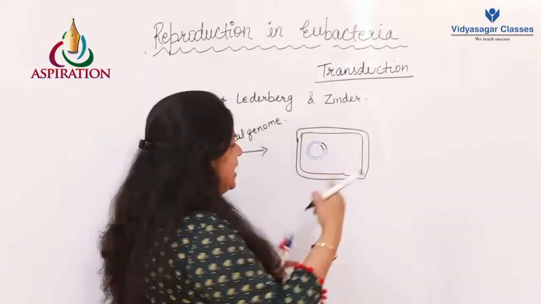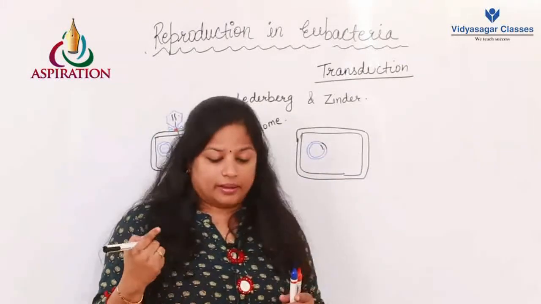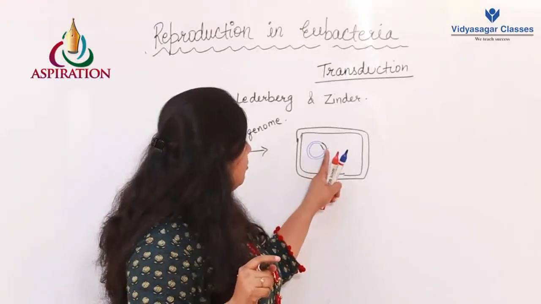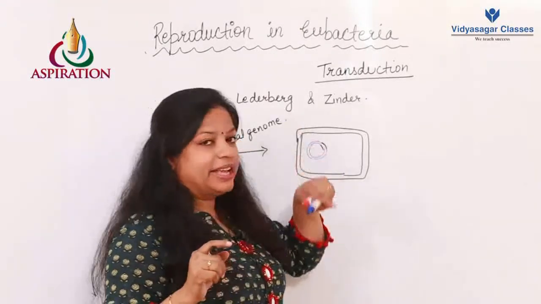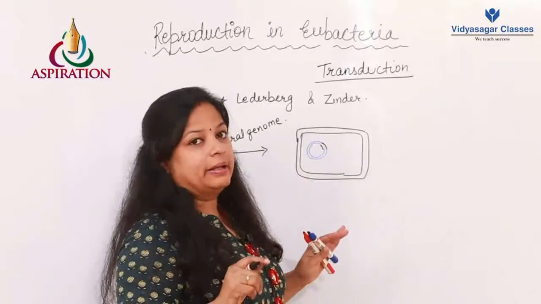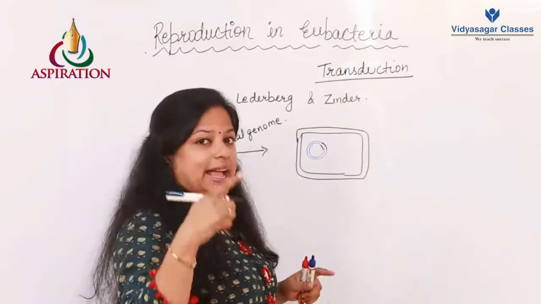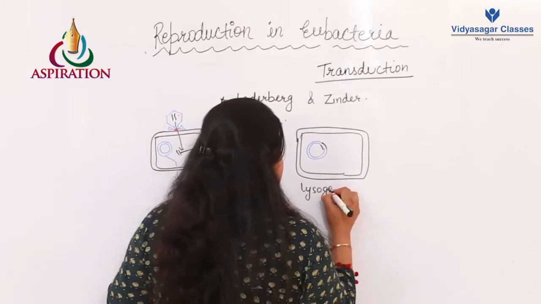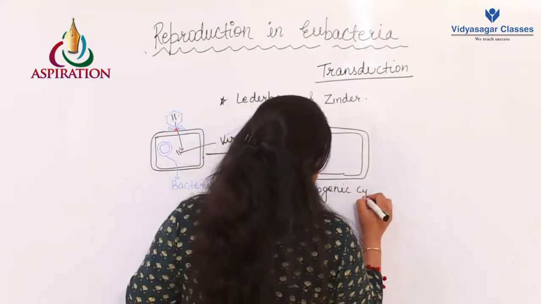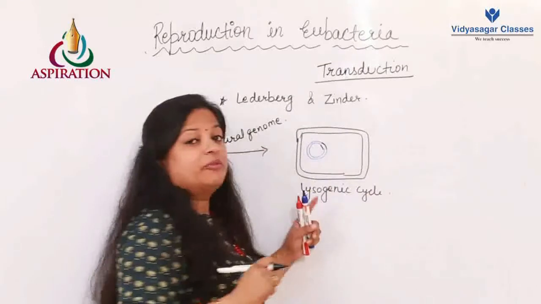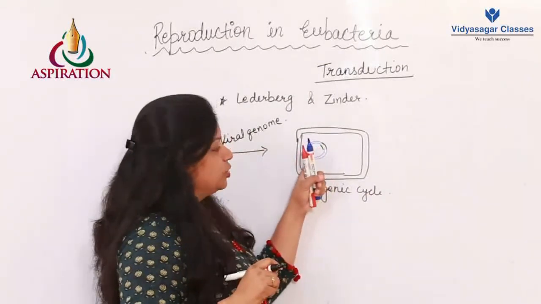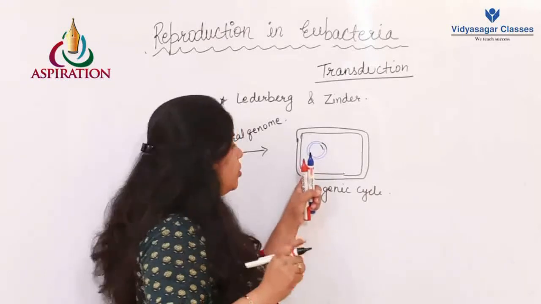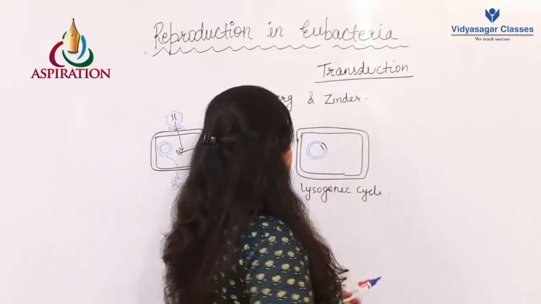In this state, the bacteria undergoes binary fission and the viral genome is replicated with the bacteria. This type of cycle is known as the lysogenic cycle.